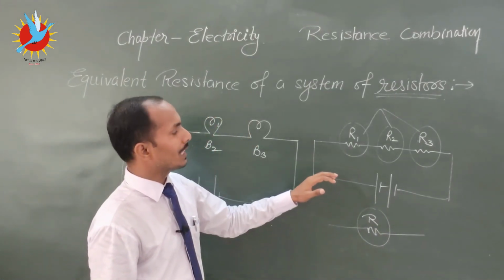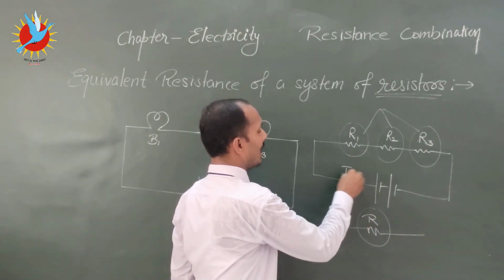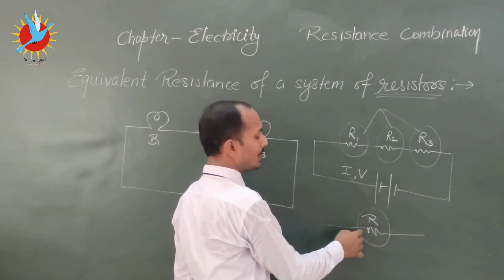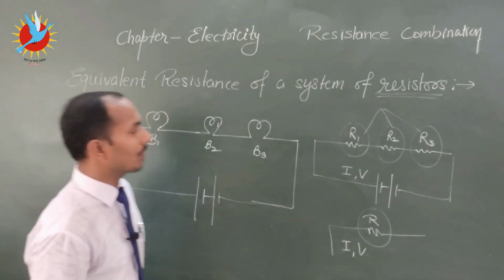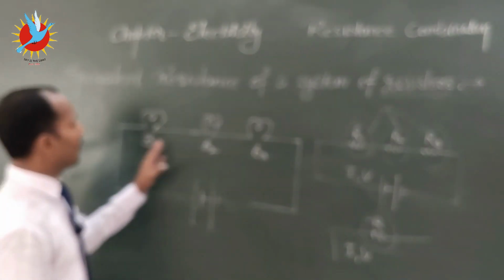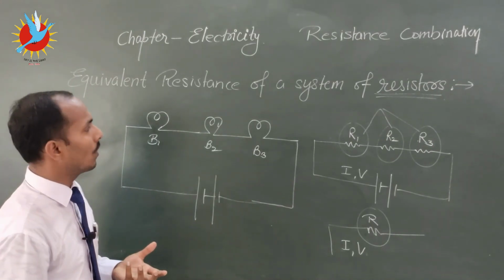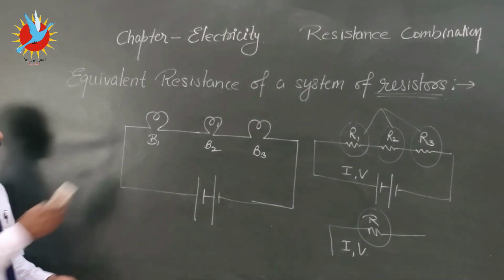You can also say that if the current in this circuit is I and the voltage is V, then you use a single resistance which does not change the current and potential difference. So in place of three resistors, you use a single resistor, and this is known as the equivalent resistance.